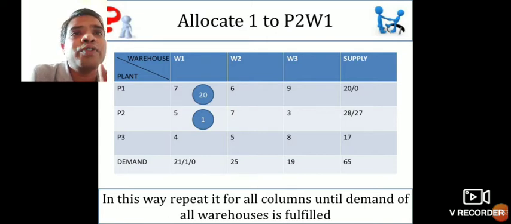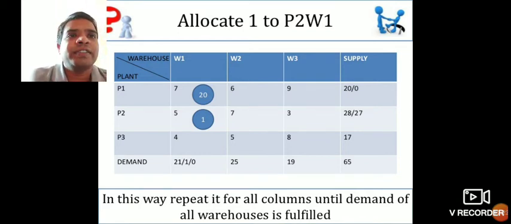Now the demand is fulfilled, so remove the W1 column. And in the supply we allocated 1, so it is left with 27, that is 28 minus 1. In this manner we can continue the allocation process until the supply and demand are fulfilled.